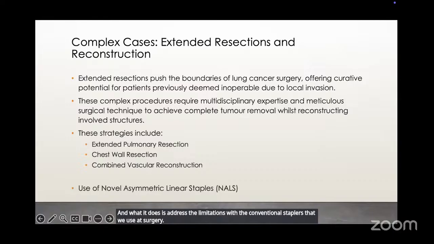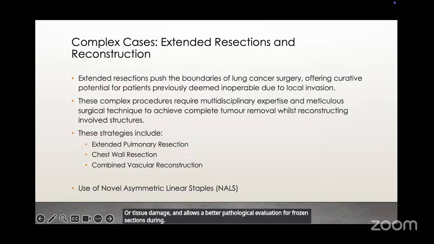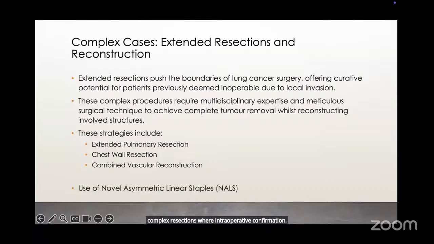To put it shortly, it reduces the squeezing artifact or tissue damage and allows a better pathological evaluation for frozen sections during complex resections where intraoperative confirmation of R0 or complete resection is needed. It also notes that the ability of NALs to provide an on-cross specimen is of significant value in complex bronchoplastic procedures like sleeve resections.